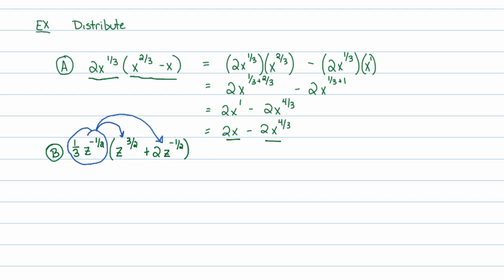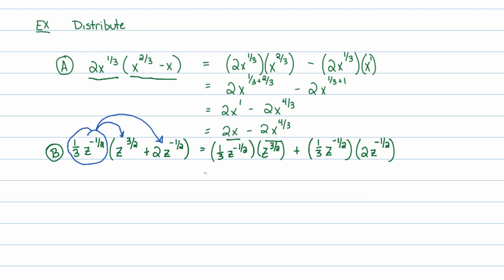I'll write out the multiplication slowly. I have 1/3 z to the negative 1/2 times z to the 3/2, plus, again, 1/3 z to the negative 1/2 times 2 z to the negative 1/2.